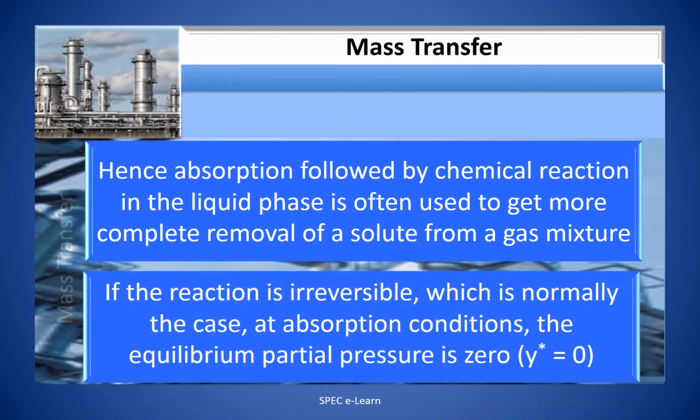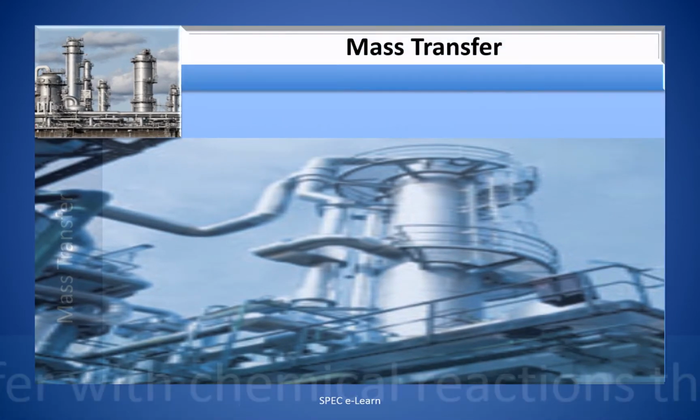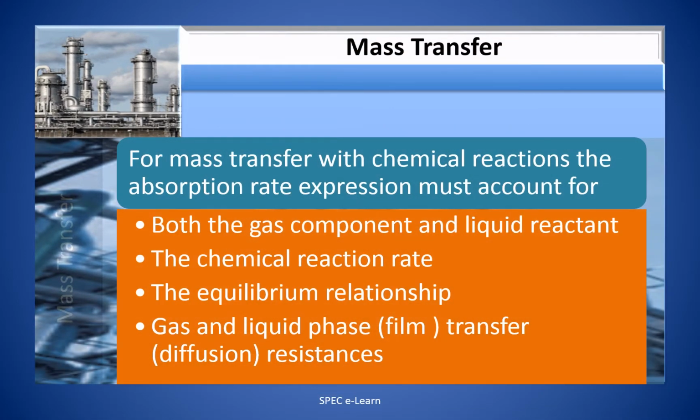If the reaction is irreversible, which is normally the case, at absorption condition the equilibrium partial pressure is zero, that is, Y star is equal to 0. For mass transfer with chemical reactions, the absorption rate expression must account for both the gas component and liquid reactant, the chemical reaction rate, the equilibrium relationship, and gas and liquid phase transfer resistances.